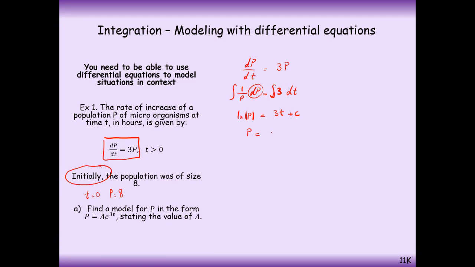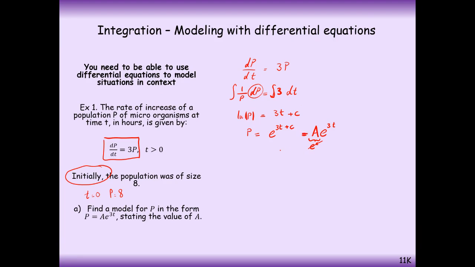P will be e raised to the power of 3t, and as I explained before, this additive constant on the right side in the exponent means that we have a multiplicative factor in front of e. What is that? It is simply e to the power of c. But we don't need to write it as e to the power of c, we simply write it as a constant A.